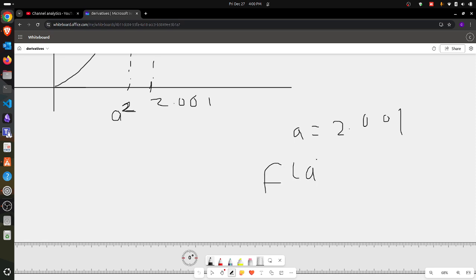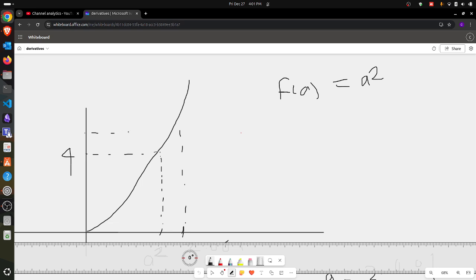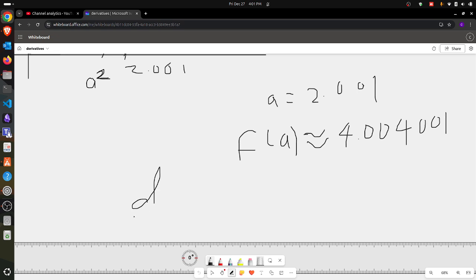So that's what we write in mathematical terms as d by dA of f of a equals 4 when a is 2.